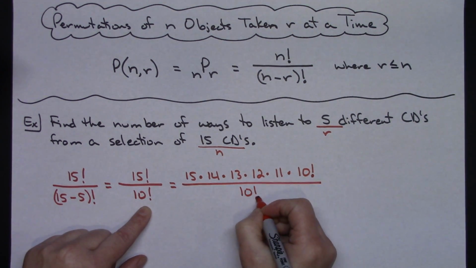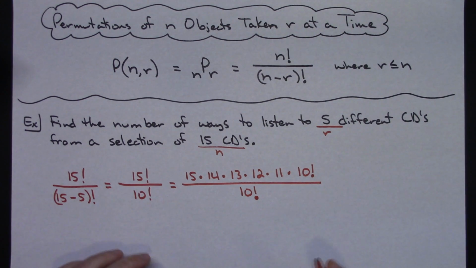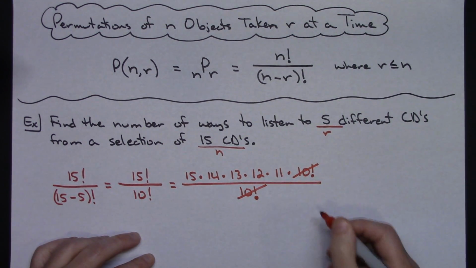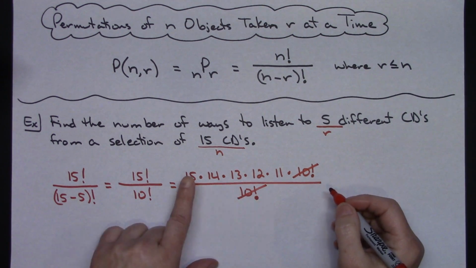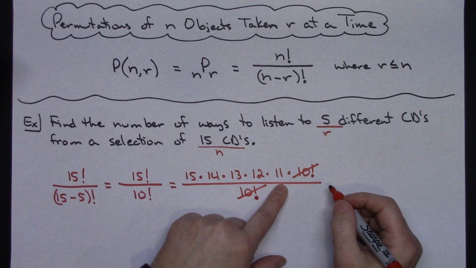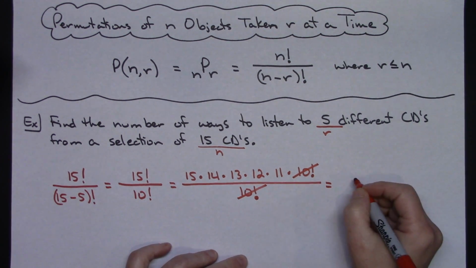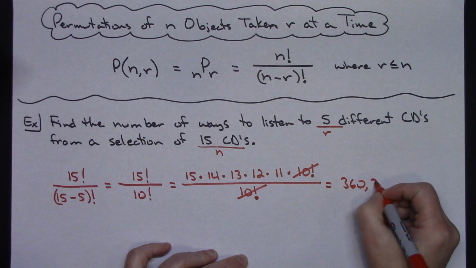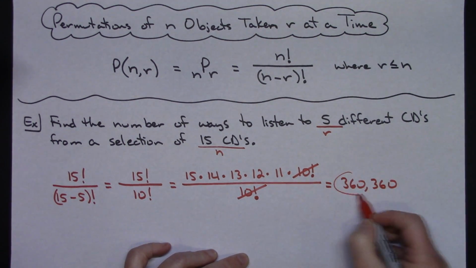Then with my 10 factorial on the bottom, I can now cross this out. My final answer will be 15 times 14 times 13 times 12 times 11, and when using a calculator and multiplying that out, I believe it is 360,360.